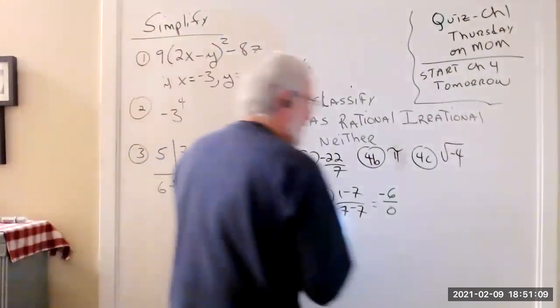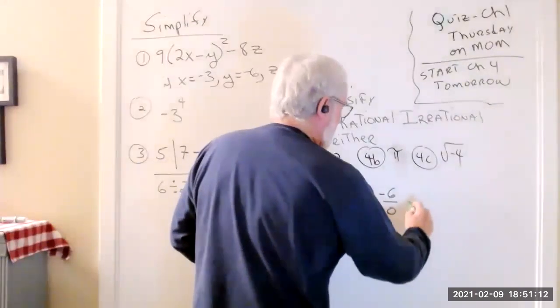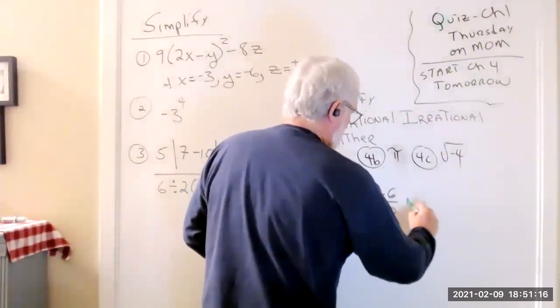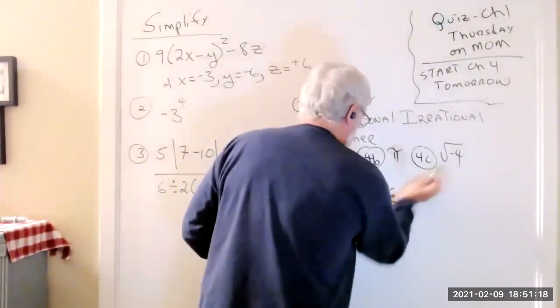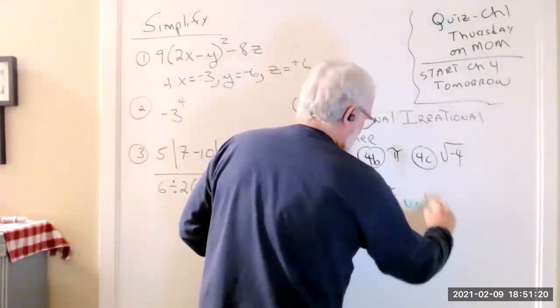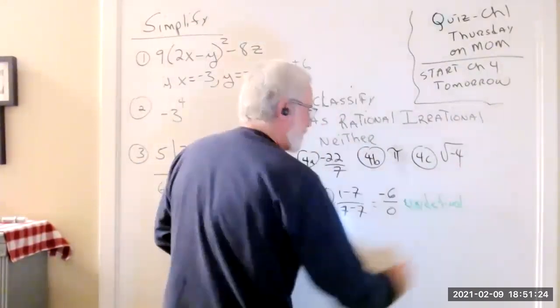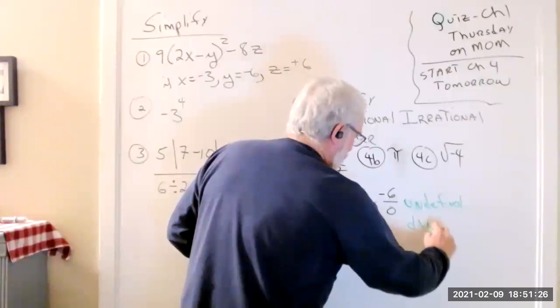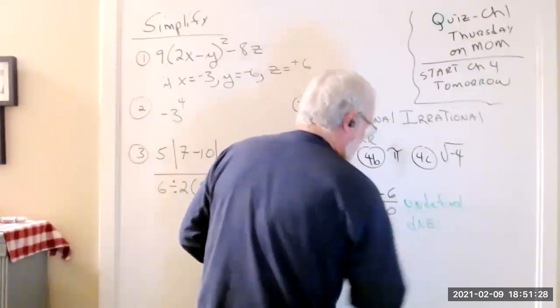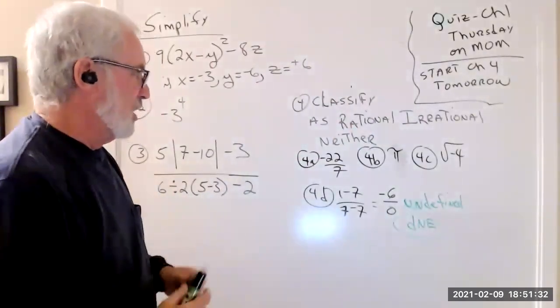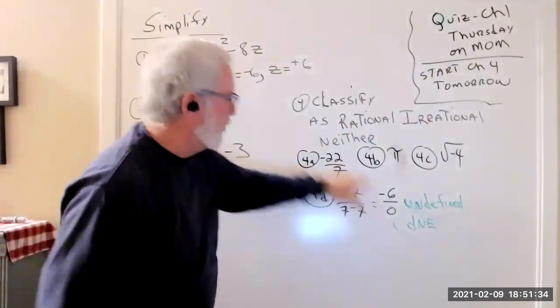So this is a neither, because technically you're supposed to say undefined. But I think last week, Lindsay reminded us that mom uses DNE, which is short for does not exist. So I would put that in the neither category.